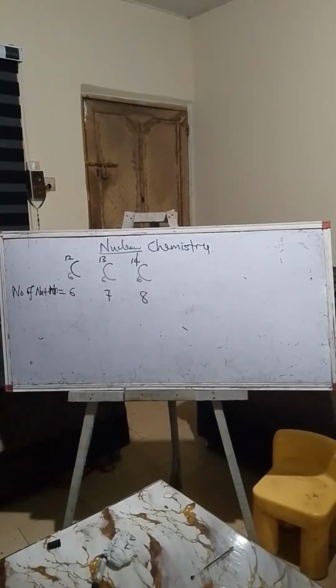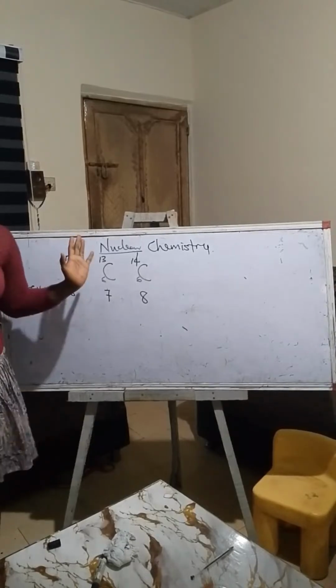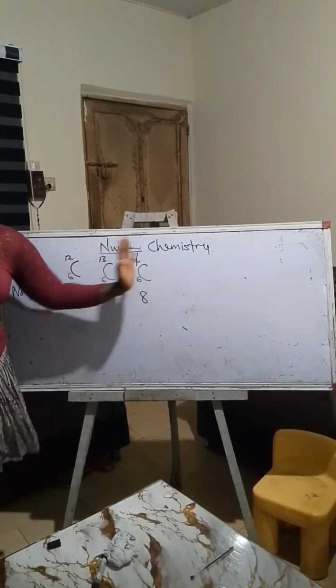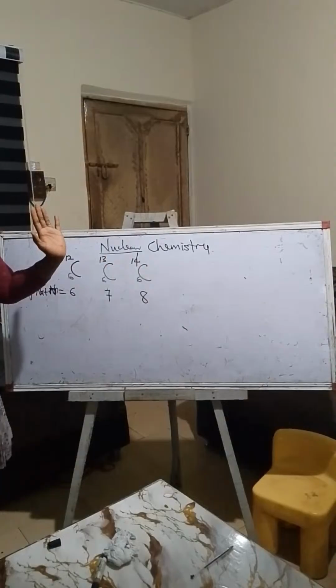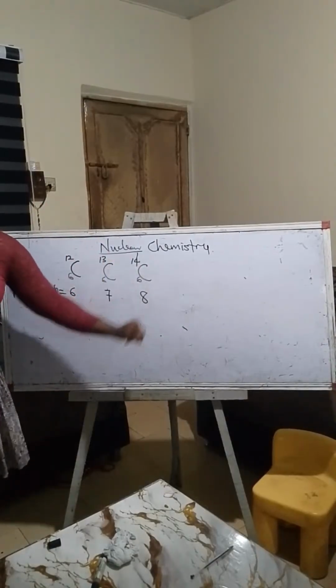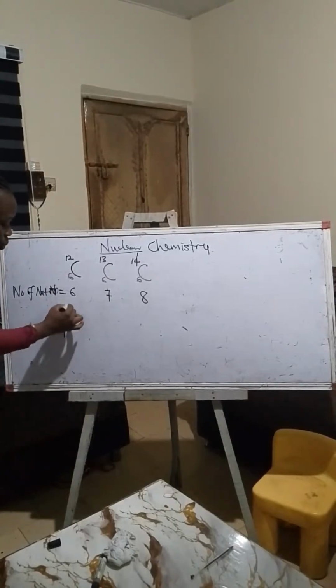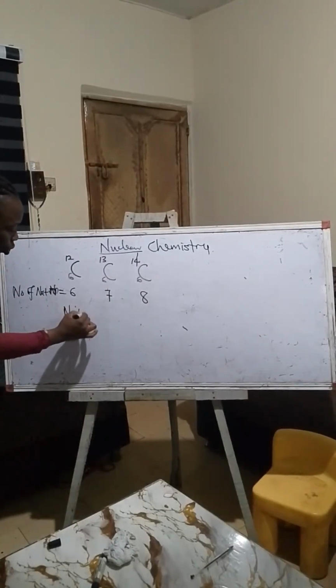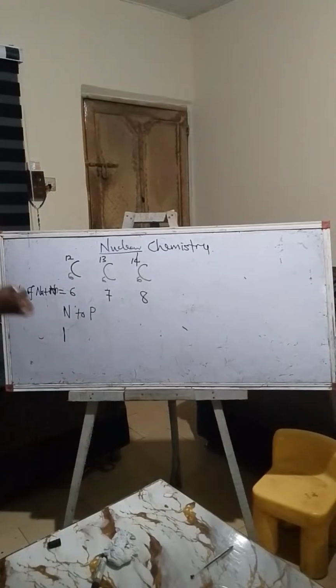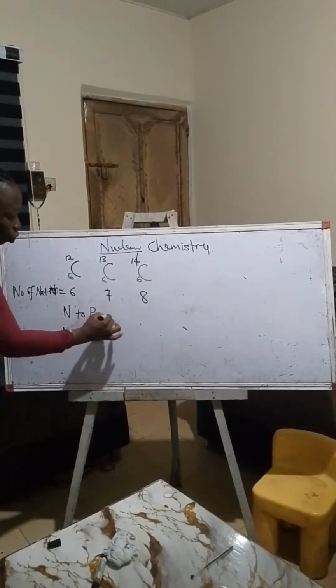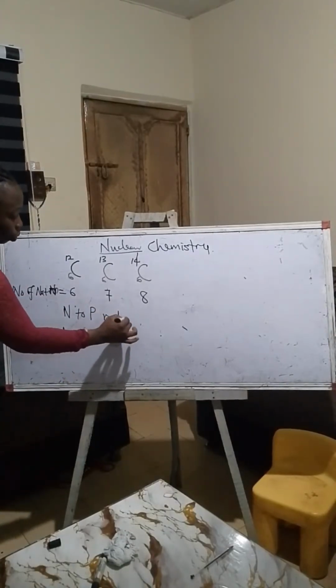Now how do we know that these carbons of different mass number are stable or not stable? That is when we talk about the neutron proton ratio.